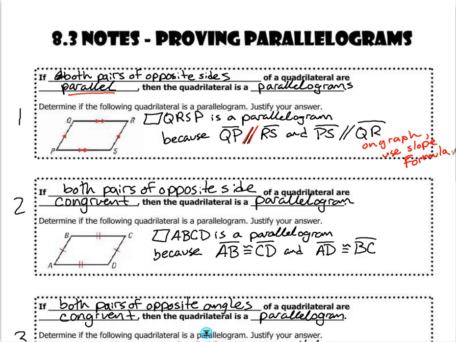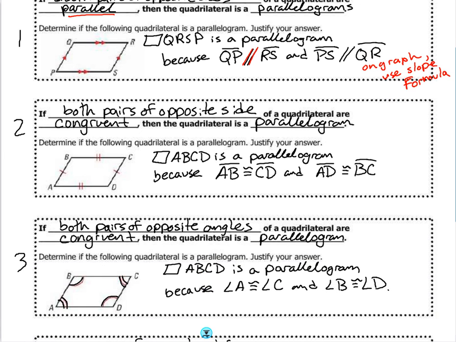If we're looking for opposite sides being congruent on a graph, then we're going to use the distance formula, because the distance formula helps me figure out the length of segments, or the length between ordered pairs on my graph.